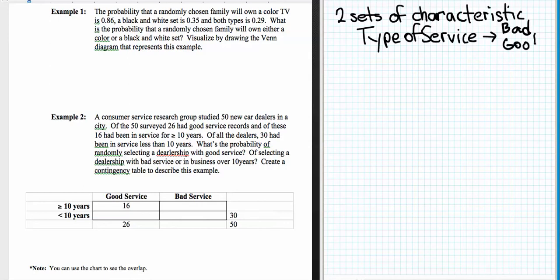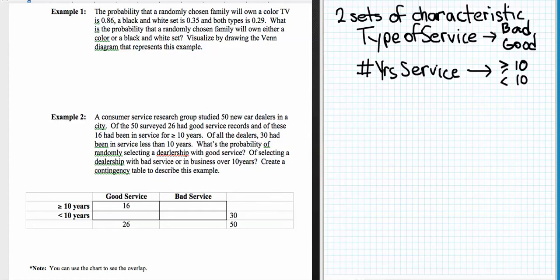Those are the two types underneath that. But then in addition, we also have number of years of service. So these are the two types of classification, and that's what two-way tables are about. They're taking one group of data and classifying them by two sets of characteristics. So these are greater than or equal to 10 years and less than 10 years.